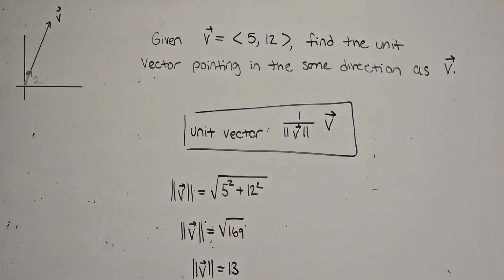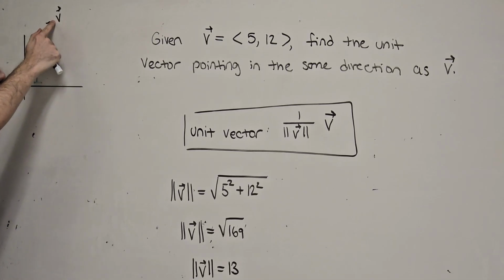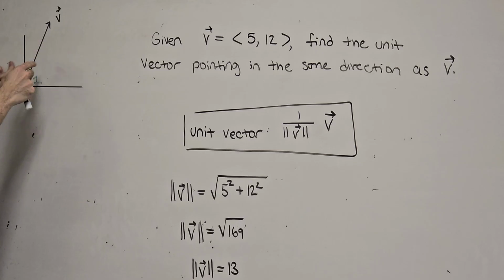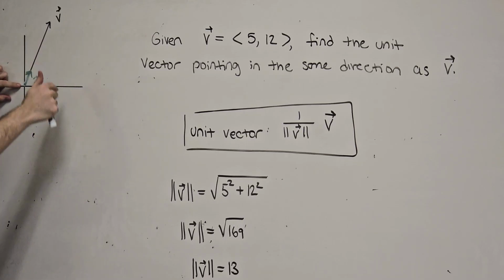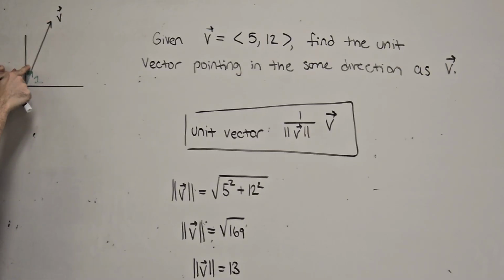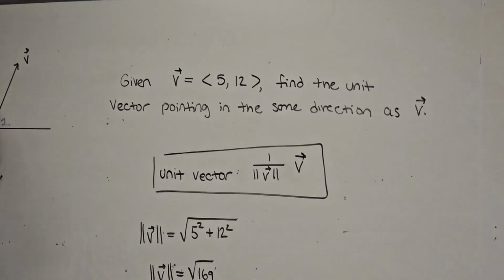Working with a nice clean number will help us out. If you have a length of 13, then you just scale it by 1/13. So if you want 1/13 of the size, you'll have a length of 1.